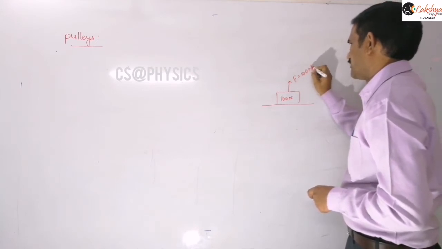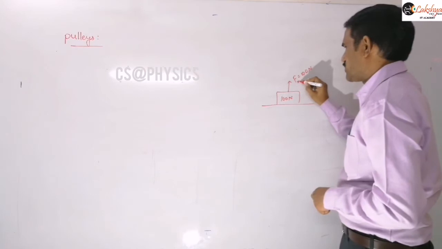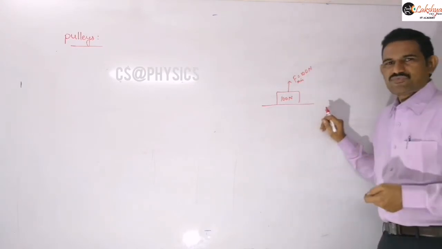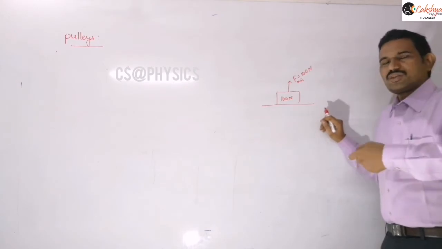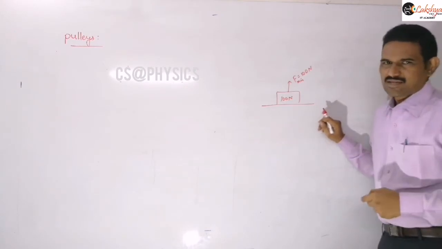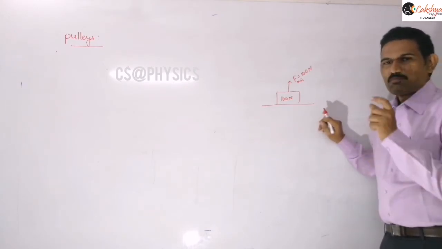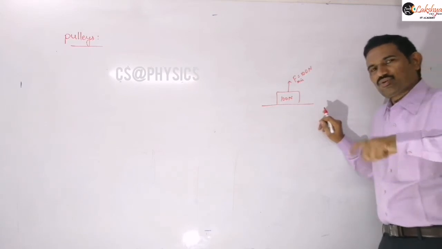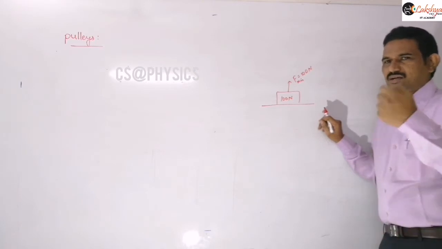If the force is less than that, you can't lift the object. If the force is more than this, the body will start accelerating in the upward direction. But the minimum force required is 100, so without applying 100 newtons, you can't lift the object directly.